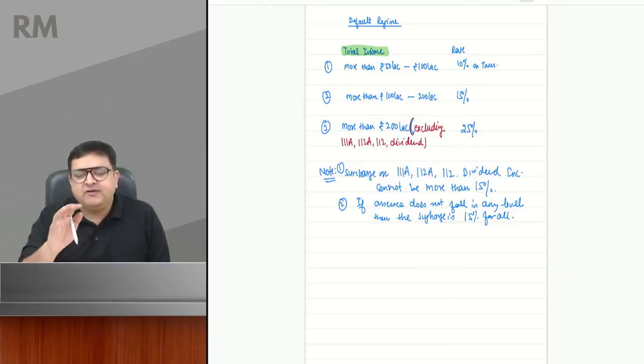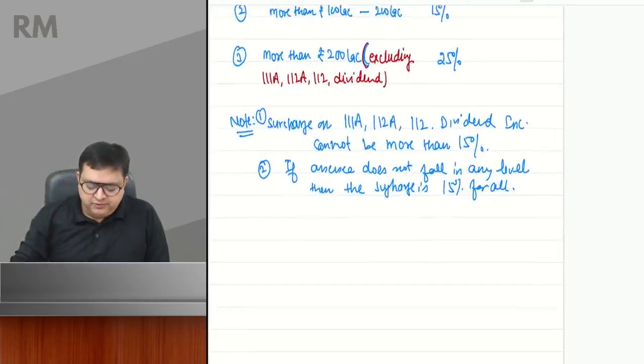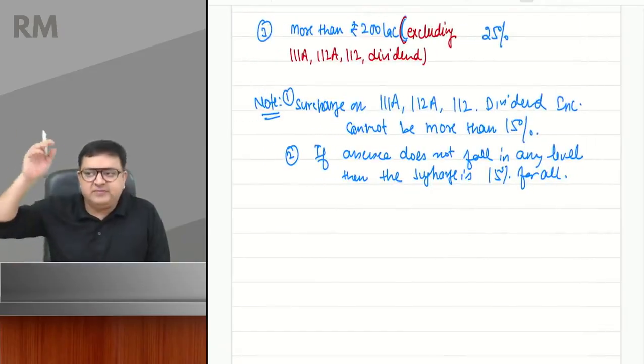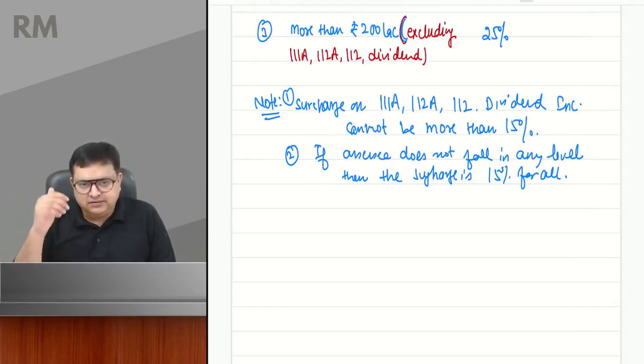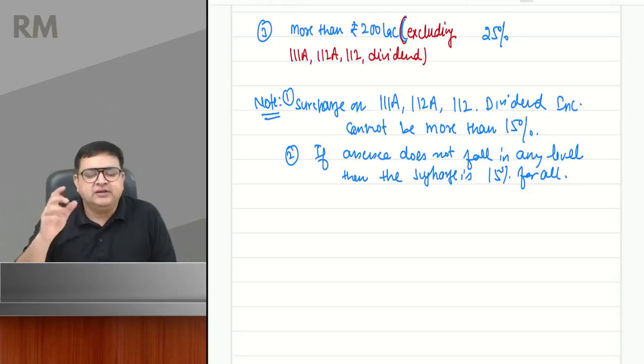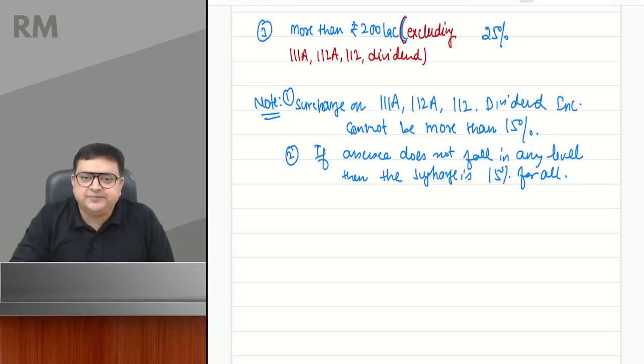Now, these people have a major problem. When this rate was increased by Nirmala Sitharaman, the stock market started to fall. People checked why the stock market was falling. It was falling due to the increase in the surcharge rate.